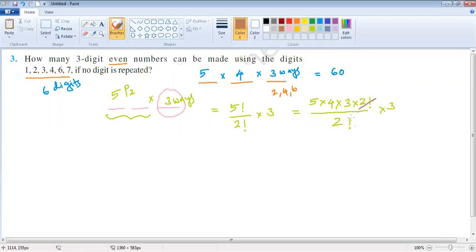So 2 factorial cancels, the remaining 5 into 4 is 20, 20 into 3, one minute. Total 5 digits, 5P2. 5 factorial divided by (5 minus 2) factorial. Sorry, 5 minus 2 is 3 factorial. So here 3 factorial will come.